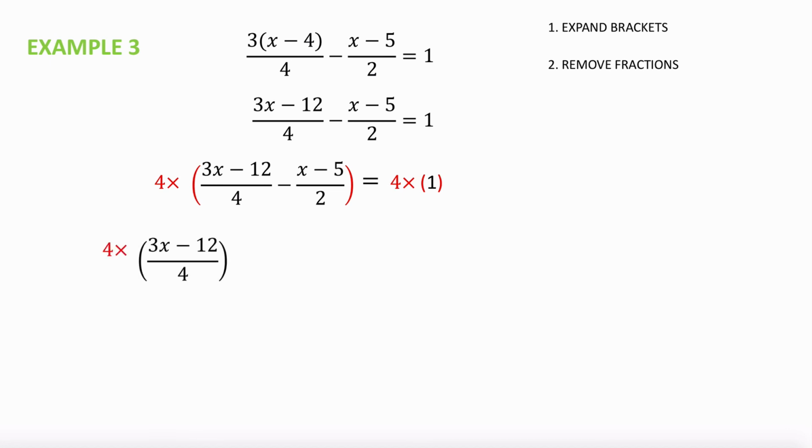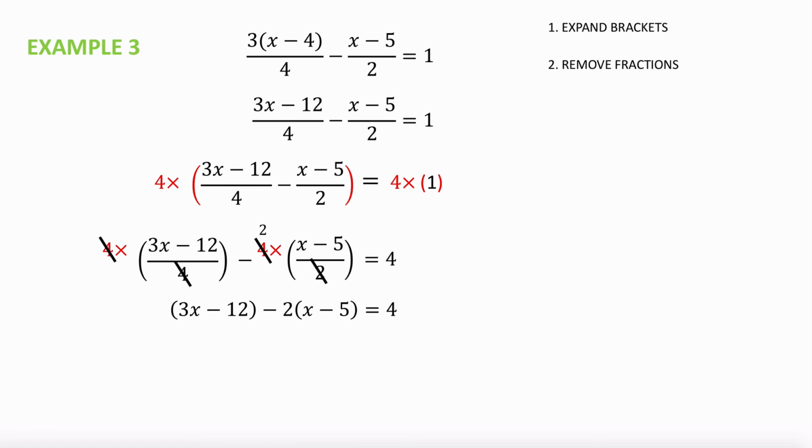So I have 4 times 3x minus 12 all divided by 4, minus 4 times x minus 5 over 2, is equal to 4. We simplify, and now I get 3x minus 12 minus 2 open brackets x minus 5 close brackets is equal to 4.